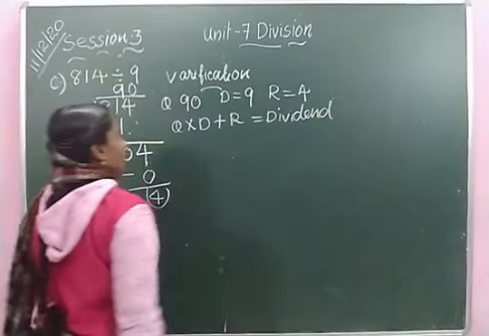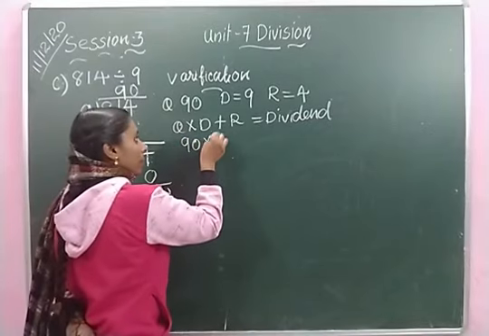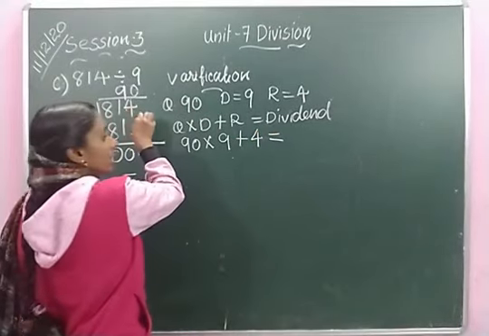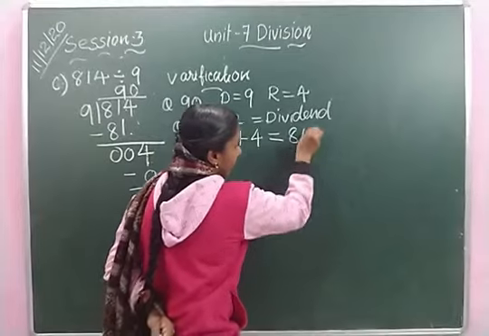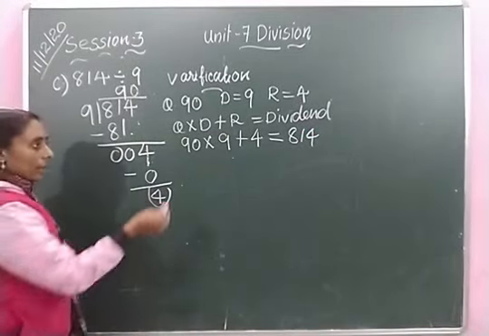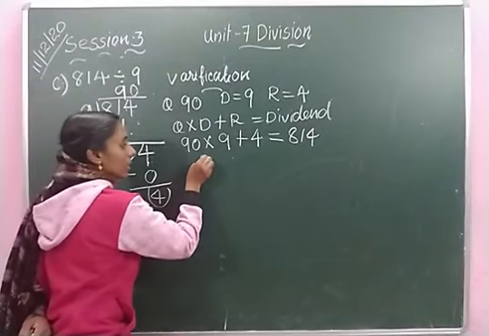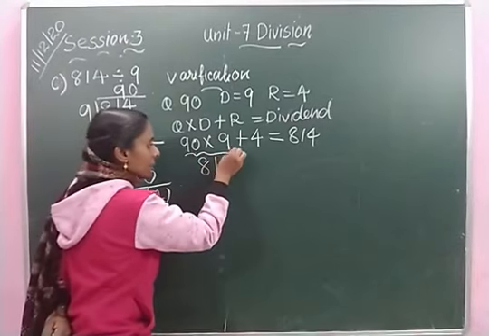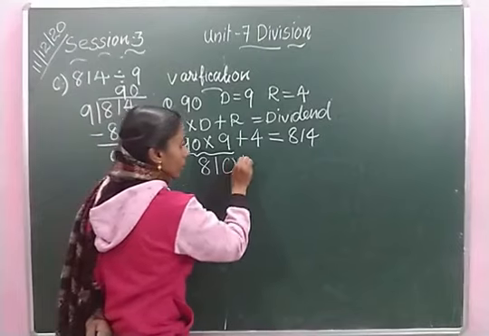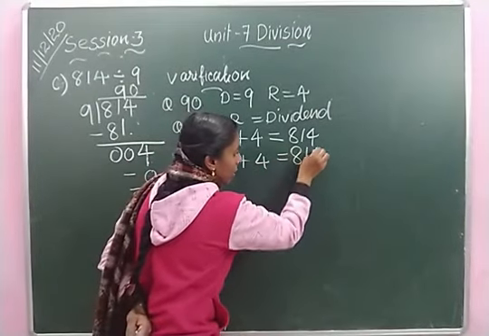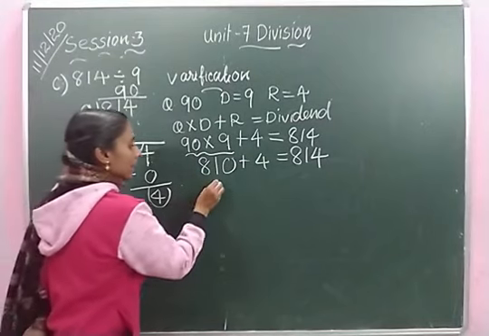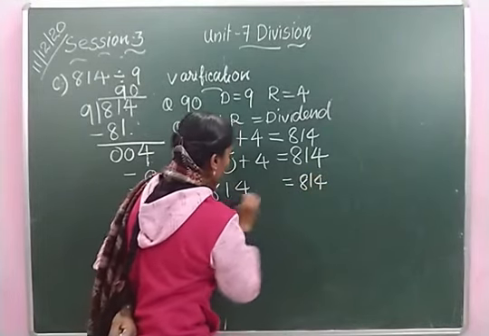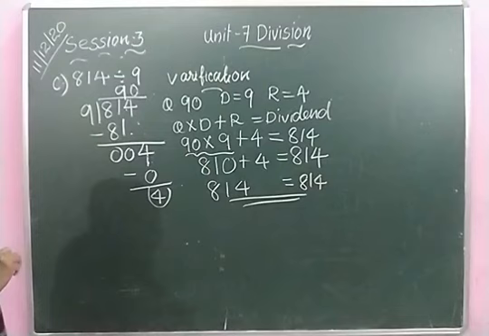Then quotient 90. 90 multiplied by divisor 9 plus remainder 4 is equal to, what is the dividend? 840. 90 multiplied by 9: 9 nines are 81, then place 0, 810. 810 plus 4 is equal to 840, which is equal to 840. Now both sides become equal.